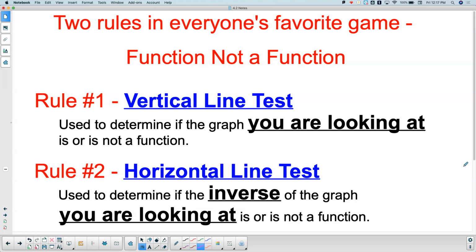I could have it where what I'm looking at is not a function, but the inverse is a function. And I can have it where what I'm looking at is not a function, and the inverse is not a function. So there are 4 different possibilities in this wonderful function, not a function game.